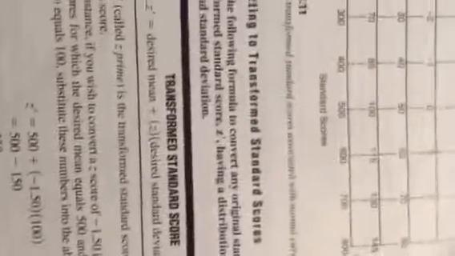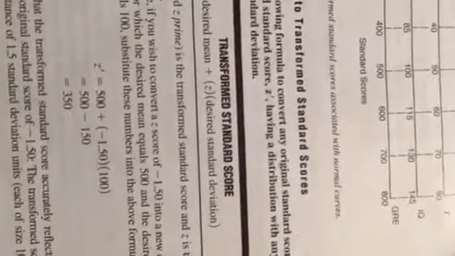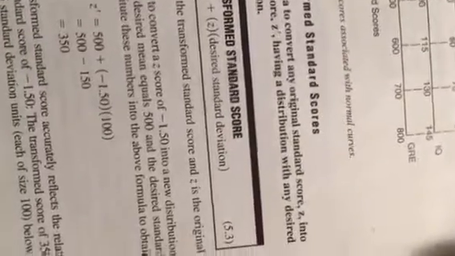Standard scores, as it shows down here, are any unit-free scores expressed relative to a known mean and known standard deviation. A transformed standard score is a standard score that, unlike a z-score, usually lacks negative signs and decimal points. The formula for a transformed standard score is z prime equals the desired mean plus z times the desired standard deviation.